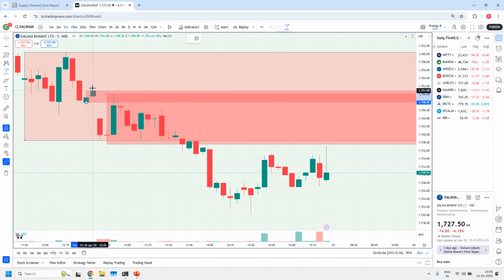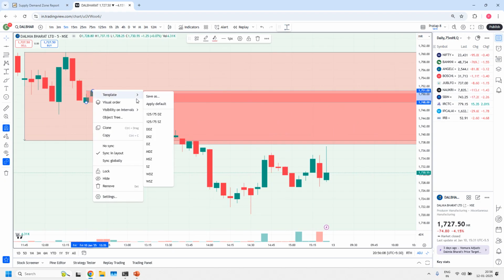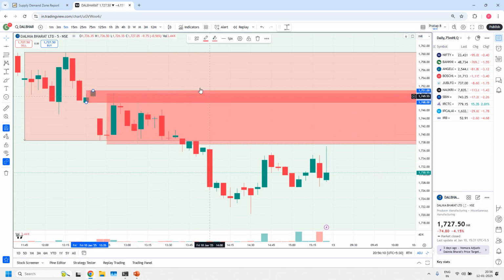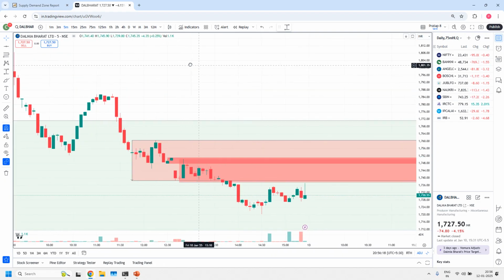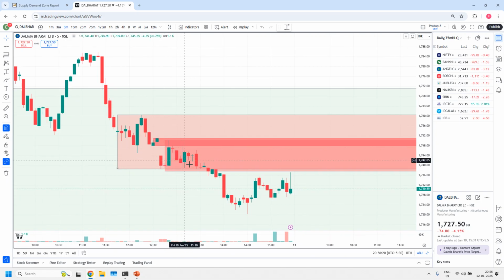Lower time frame zone as a horizon. From here it picked up the order flows. So supply zone. But this is a quite risky analysis.